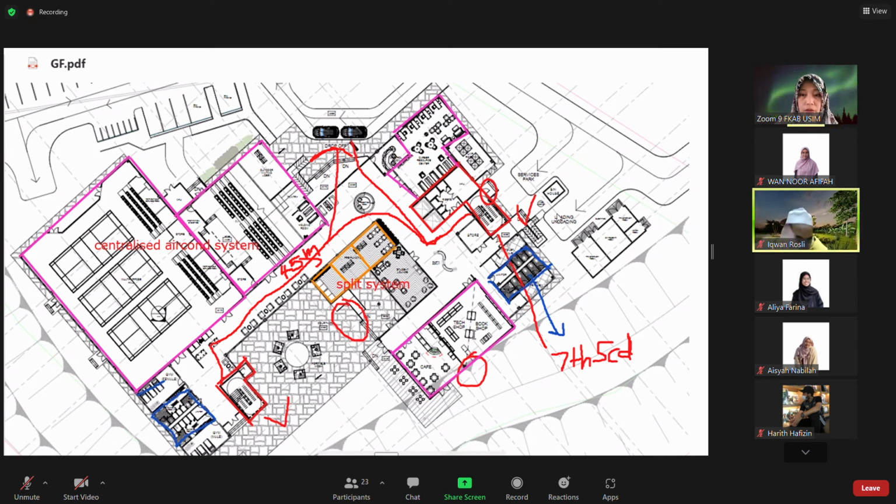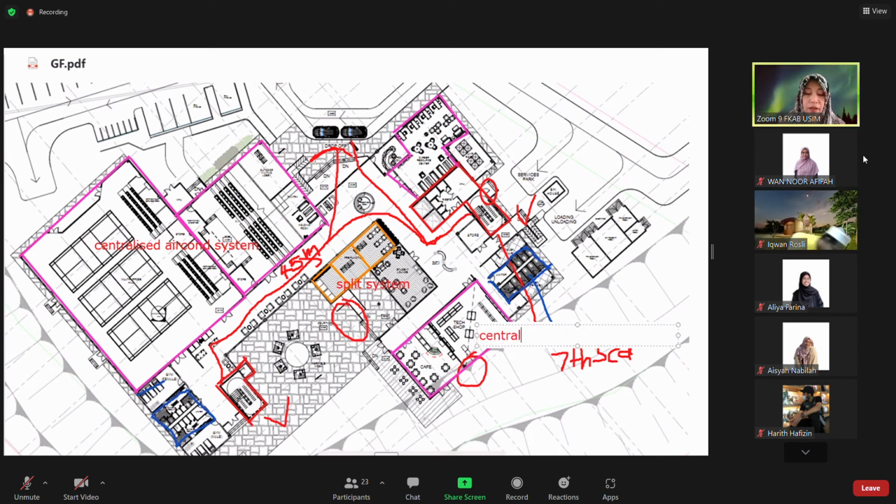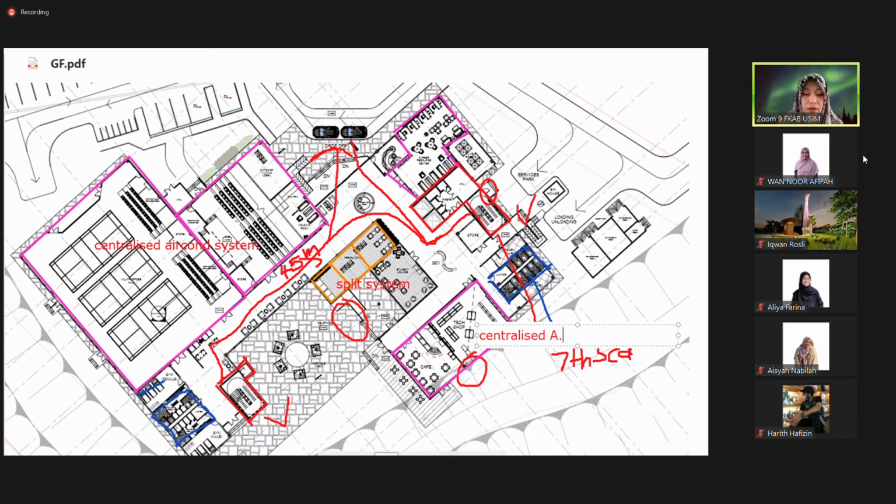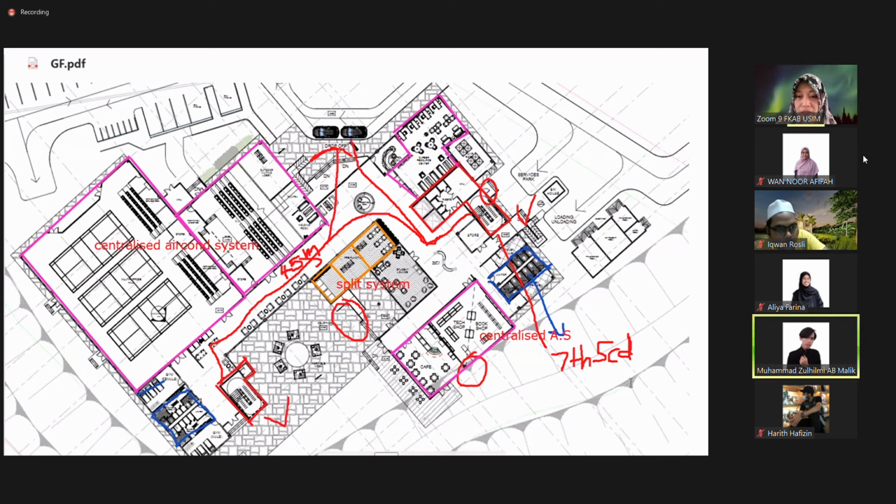Sini you boleh contohlah cafe lah centralized. Okay. So you tahu macam mana nak guna when you want to use split system, when you want to use centralized icon system. Okay, Dawa okay, Zul okay. Manager kita okay tak? Okay, madam. Alright. Manager mesti kena okay.